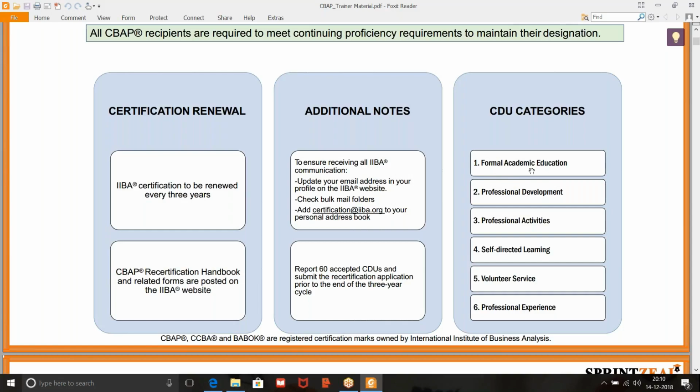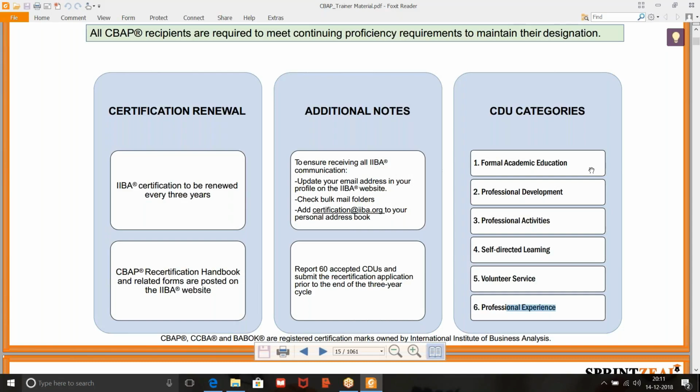Let's say you need 60 PDUs to renew your certification. Formal education can only be used till 15. Professional development can only be used till 10 PDUs. Self-directed learning maybe 15. Volunteer services maybe 5. Professional experience on the basis of the number of years you have worked after you were certified. That's how it is calculated. That's how you arrive at 60.